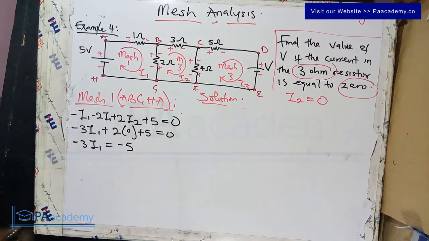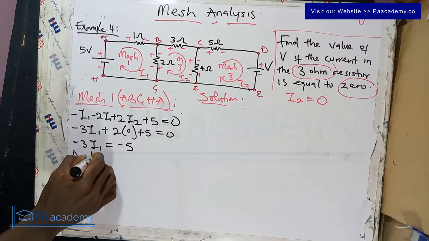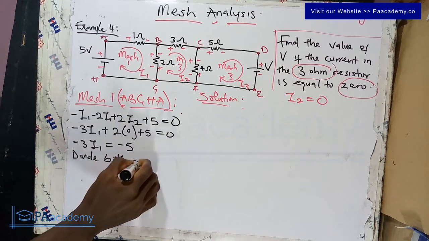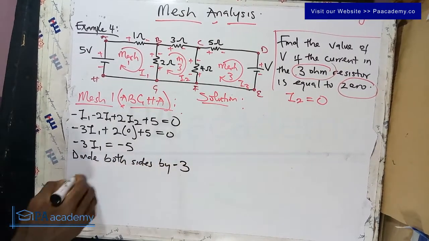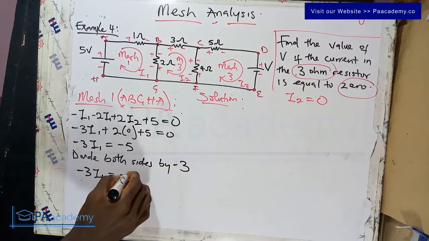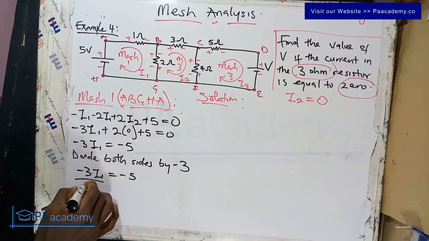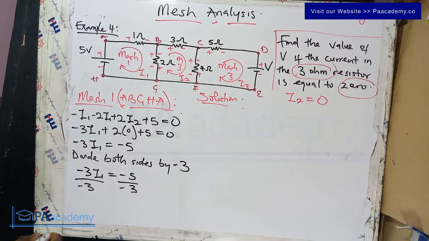So what we do now is divide both sides by minus 3. So we are going to be having minus 3I1 is equals to minus 5. If you divide both sides by minus 3, this is going to cancel out.